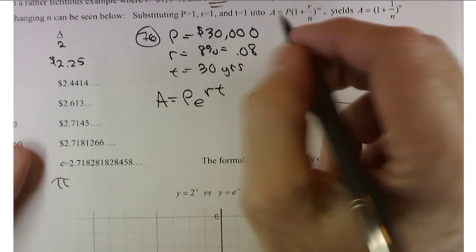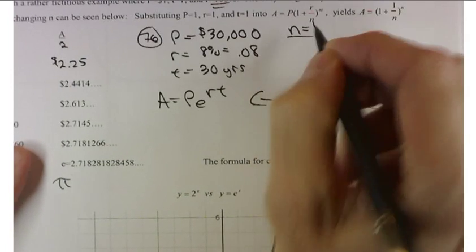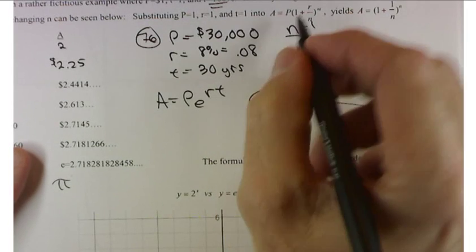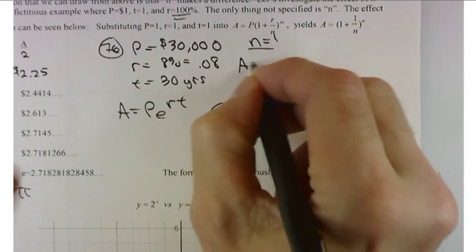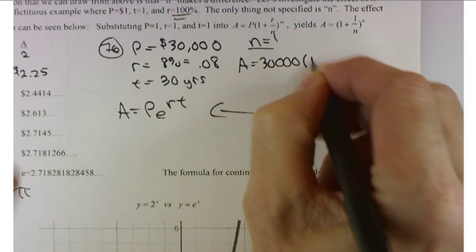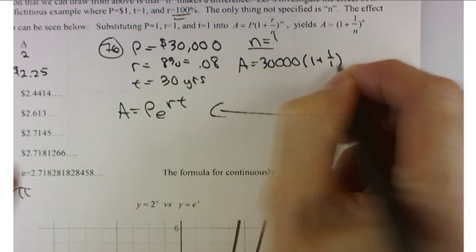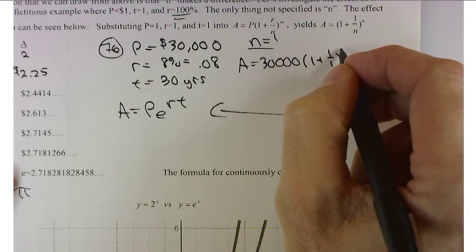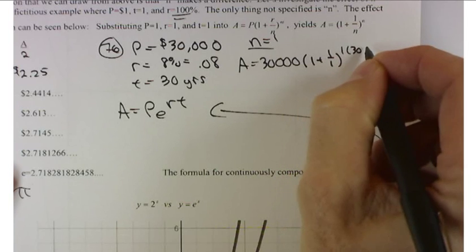So annually is n equals 1. Plugging that in, our formula is going to look like this. A equals 30,000 times 1 plus 1 over 1 to the n, which is 1 times 30.